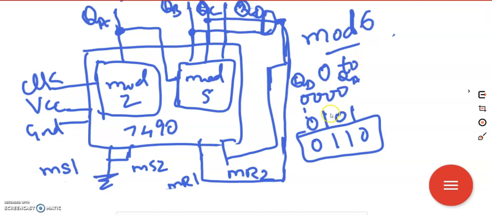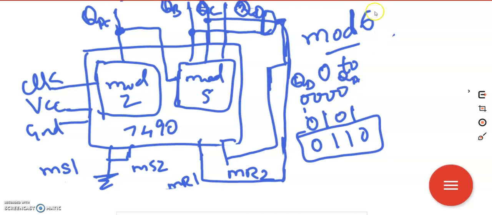Mod 5 counts 0 to 4. When QC and QA are high, it has to reset. At that time, QA is the output of the mod 2, so this output you give to MR1, and the QC output you give to MR2. That will always help you get all discrete states in the count you are implementing.